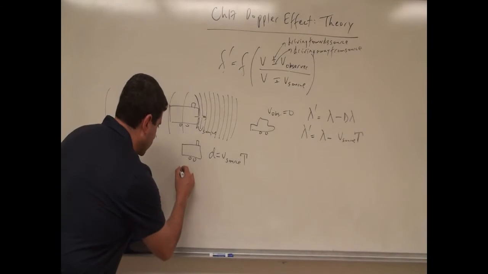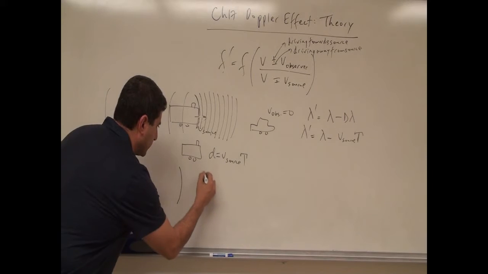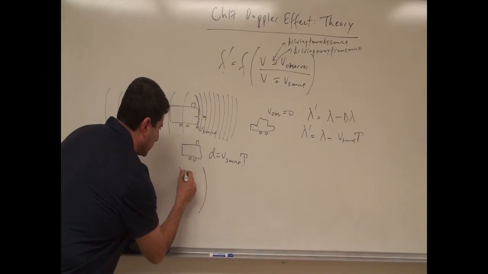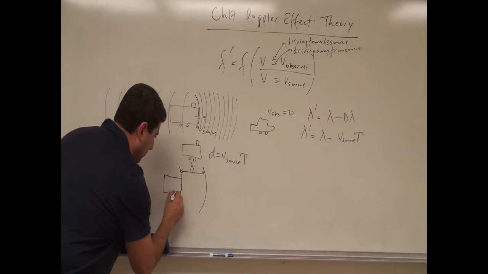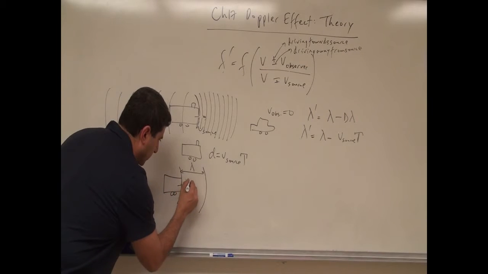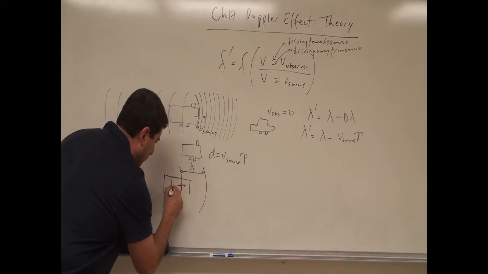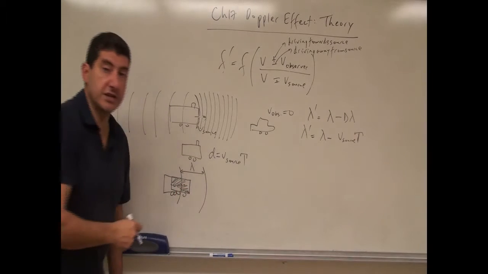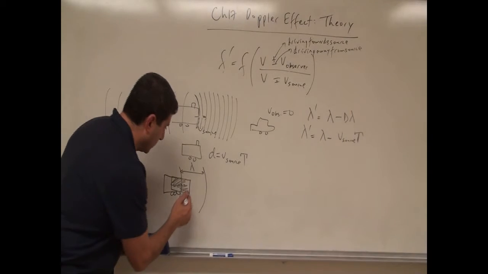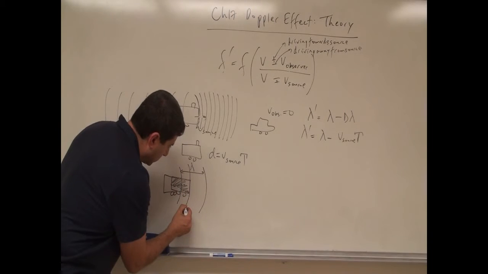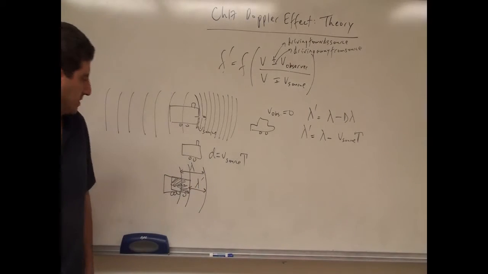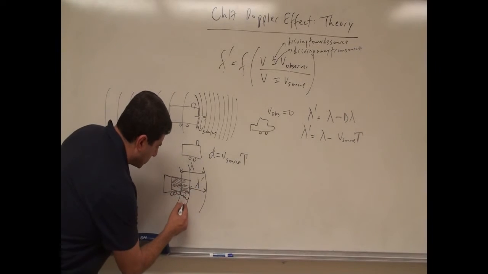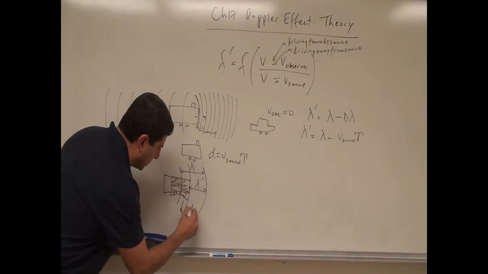Imagine if I draw one peak and now I draw another peak. This is lambda. The sound wave was originally here, and the source moved a certain distance, let's say here. And then it created the second sound wave here. So you see it's shortened to lambda prime. So this distance here is the delta lambda.